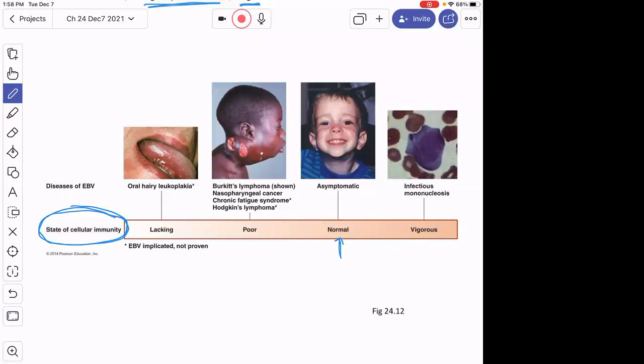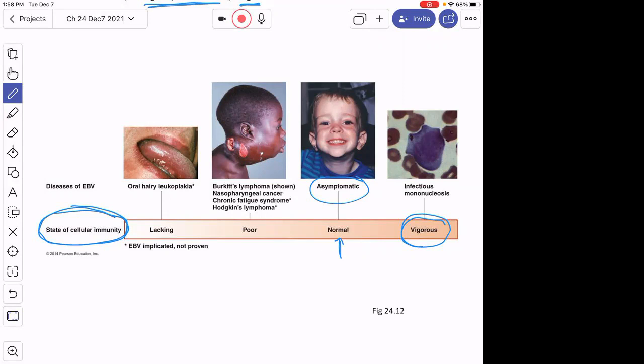So some of us that were exposed as kids, you might be carrying that virus to some extent, might pass it on to somebody else, but you don't get sick yourself.